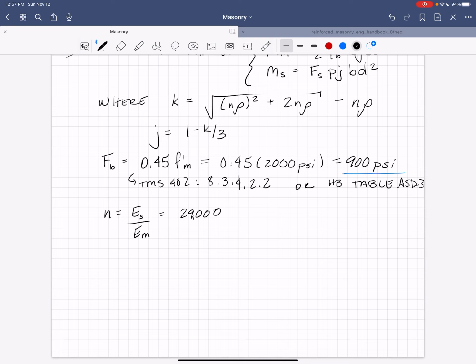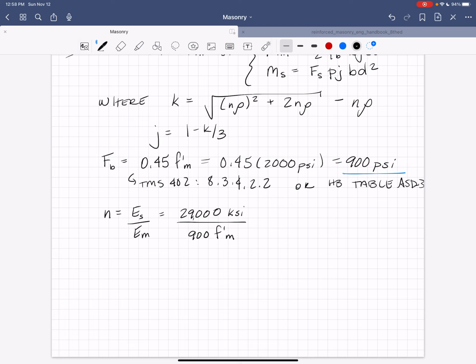We're back to numbers that we don't have to look up because this is steel and masonry rather than species of wood. The masonry one is going to be 900 times f'm.